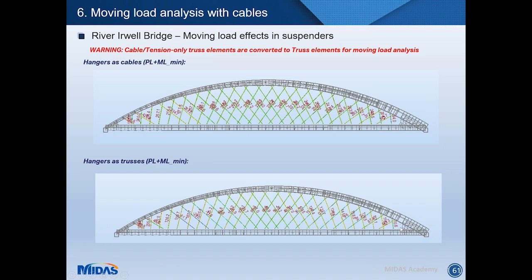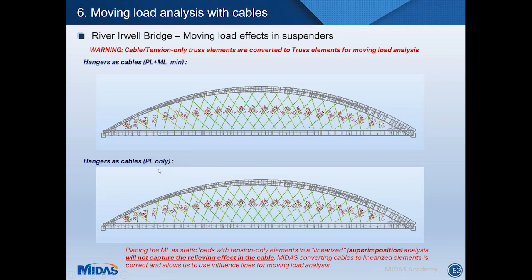This truss is only carrying 10.6 kilonewton, while when we combine the moving load applied as an envelope of all the extraction from the moving load tracers plus the permanent load, it seems like we're being on the safe side here. Before we go on and compare the maximum result, I want to compare this, so the permanent load plus minimum effect of the envelope of moving load on cable elements, nonlinear, with the permanent effect only, again, in the cable element model. And you can see that the results are the same.